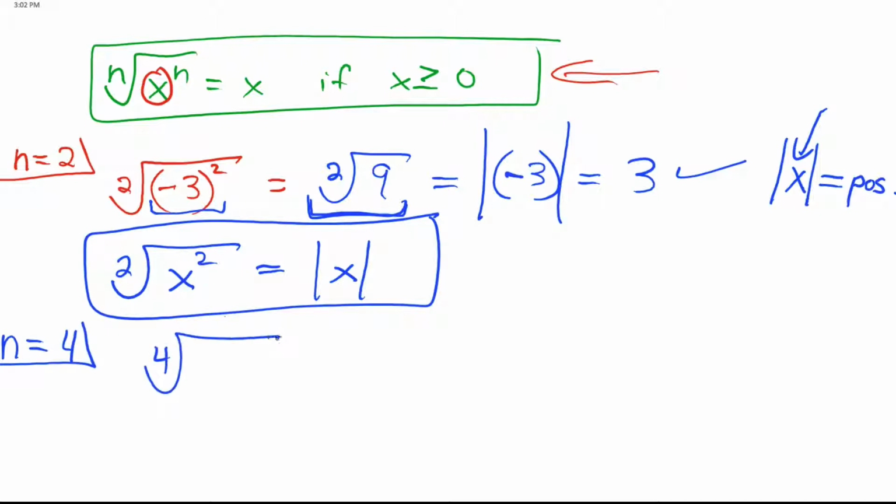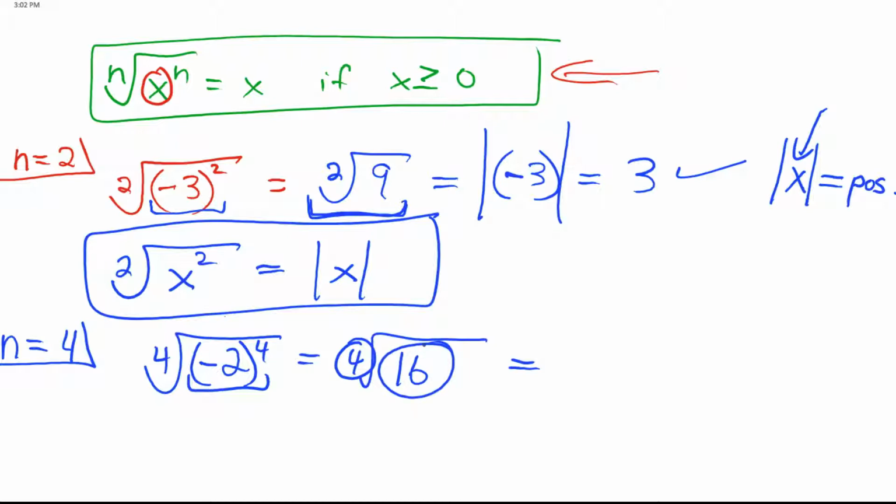If we had the fourth root of negative 2 to the power 4, that would be the fourth root of 16. And since we have an even index, we know that 16 has 2 fourth roots, and this symbol represents the positive root, which would be not negative 2, but positive 2, the absolute value of our x.